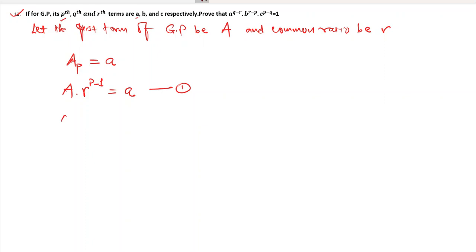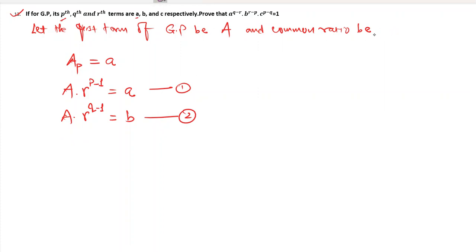Similarly, the qth term, A into R raised to q minus 1 is equal to b. And the rth term, okay, there is one more catch because rth term has the letter r in it. So we cannot use common ratio as small r.